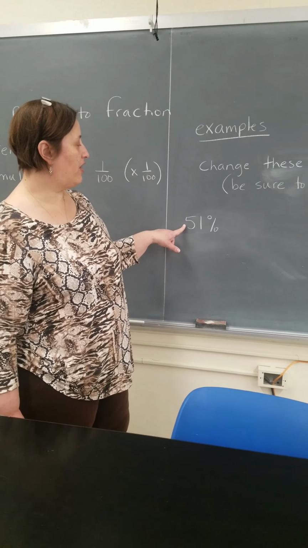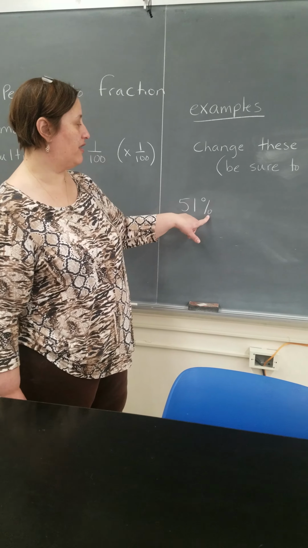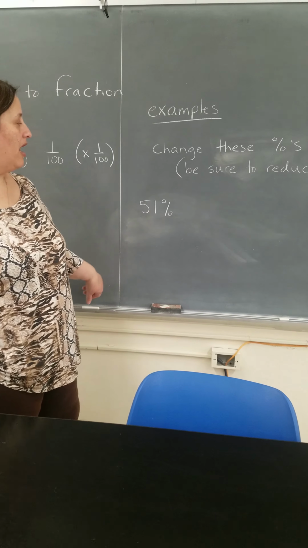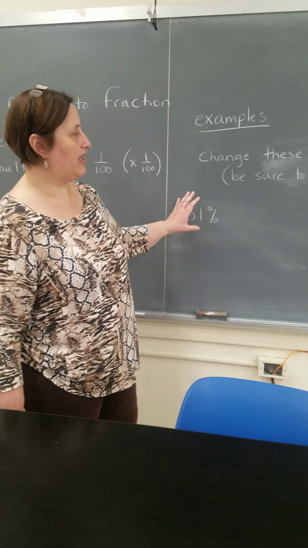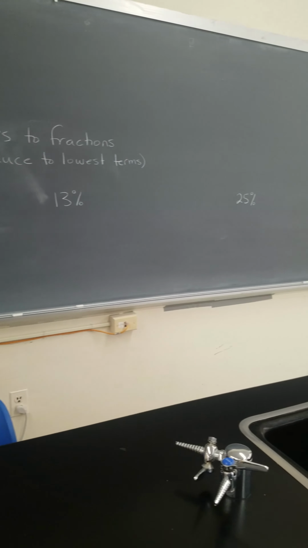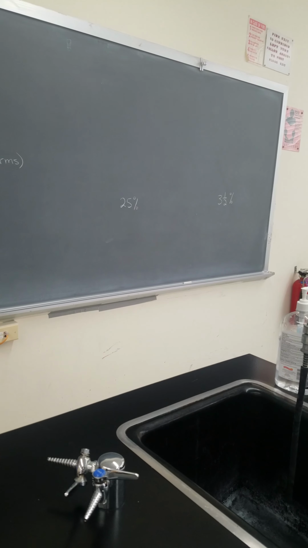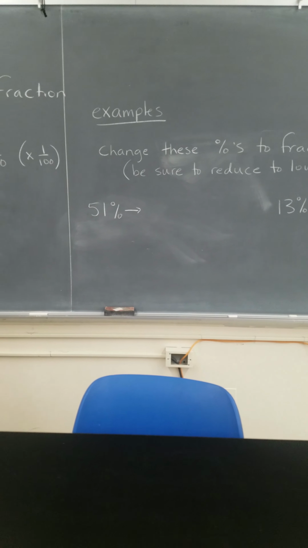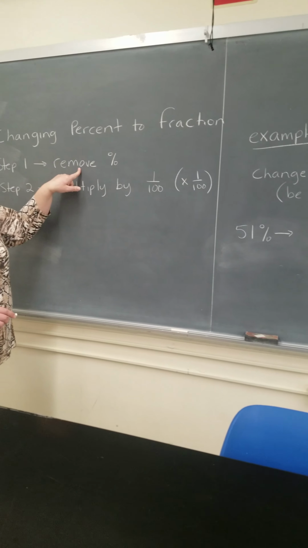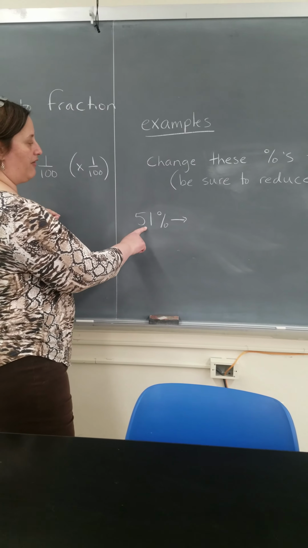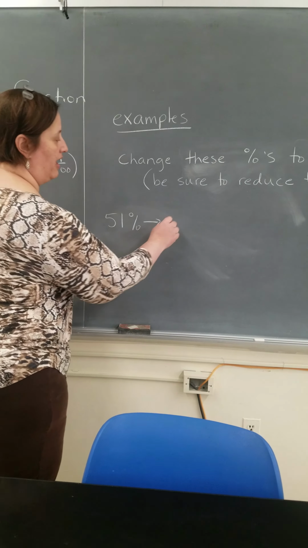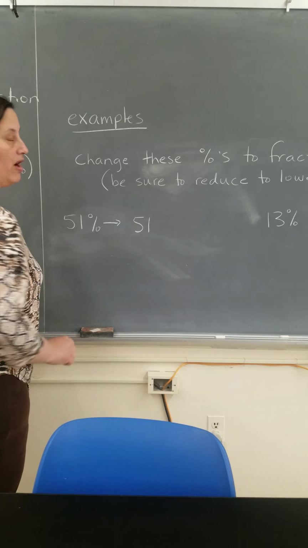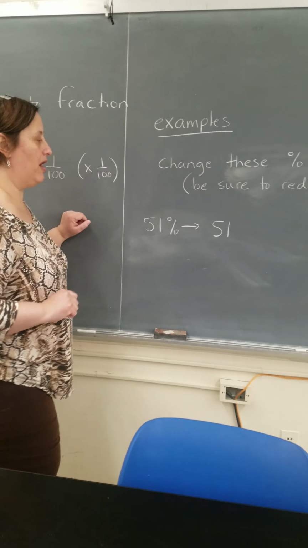All right, so here's our first percent. Notice it has the percent sign, it has a number. So to change this, as well as any of those things, to a fraction, first thing, what does step 1 say? Step 1 says remove the percent sign. So instead of having a 51 and a percent sign, we're just going to have 51. That's step 1.